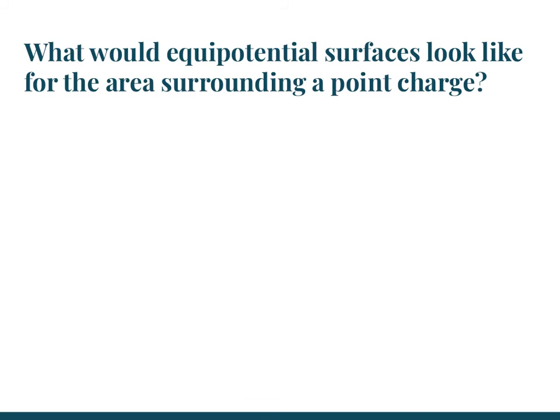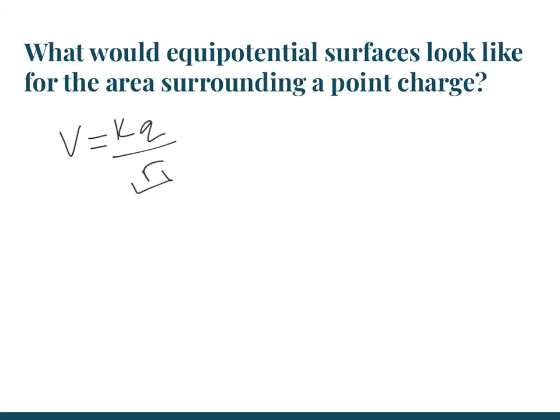But I am going to ask you a little conceptual question, and it's about what equipotential surfaces for the area surrounding a point charge would look like. And for that, we'll need the formula still. So we get that the potential is K, which is a constant, times Q, the charge of the source charge, over R. So the potential varies based on the radius, and it's 1 over the radius that changes.